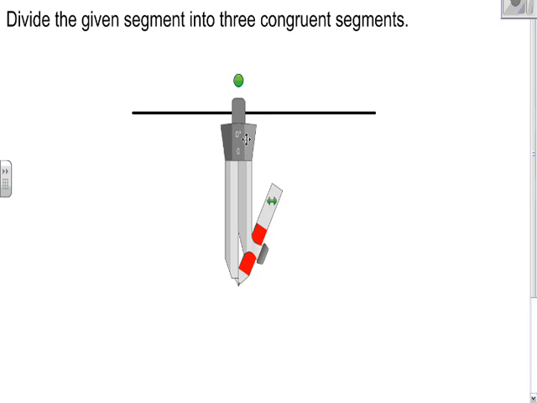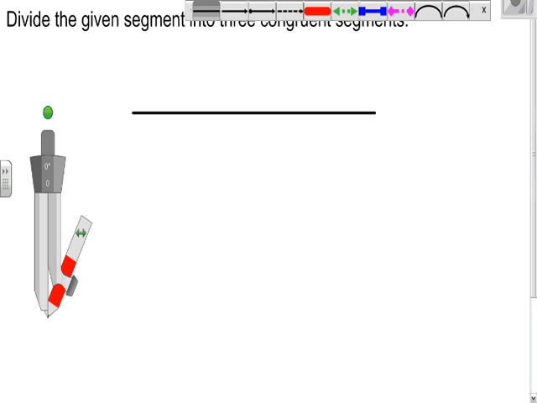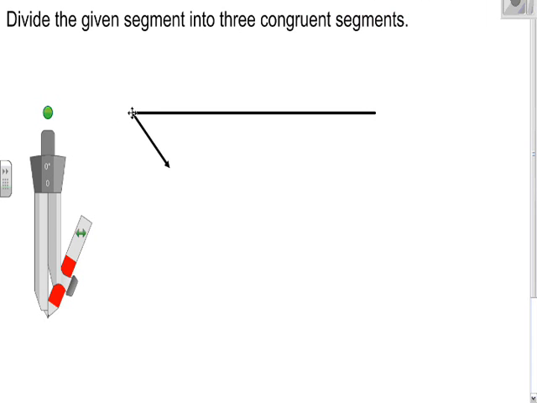Our last construction we're going to look at is how to divide a line segment into 3 or however many congruent segments we want. So for this, the first thing you're going to do is draw a ray that starts at one of the endpoints of our segment.